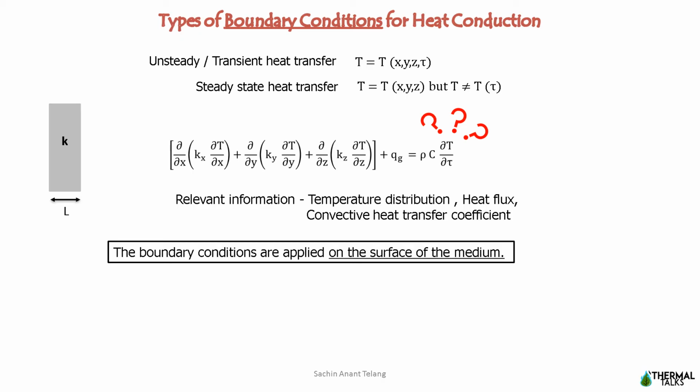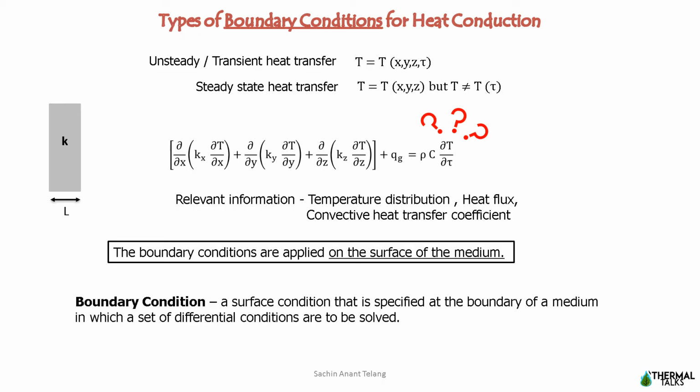There is no formal definition of boundary conditions, but it can be understood by this statement. I will mention these boundary conditions in future presentations when I start solving some numericals. Then we can understand these simple conditions better. This information is applied as boundary conditions to obtain solutions.